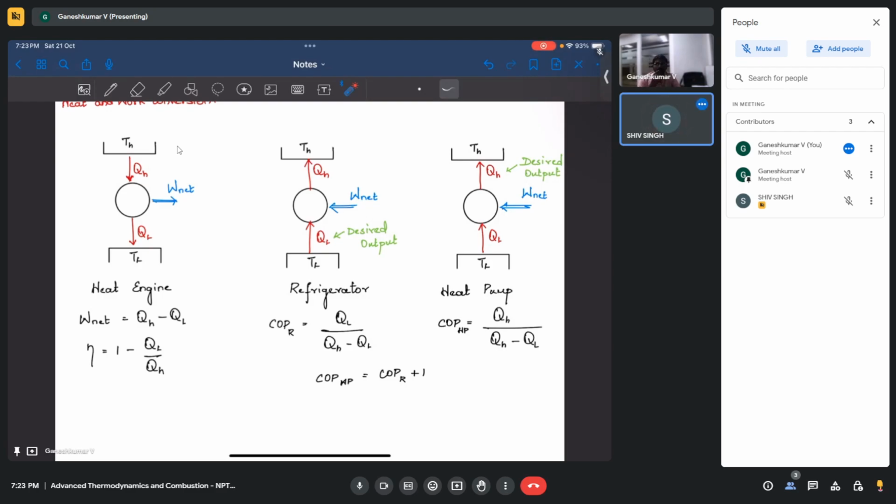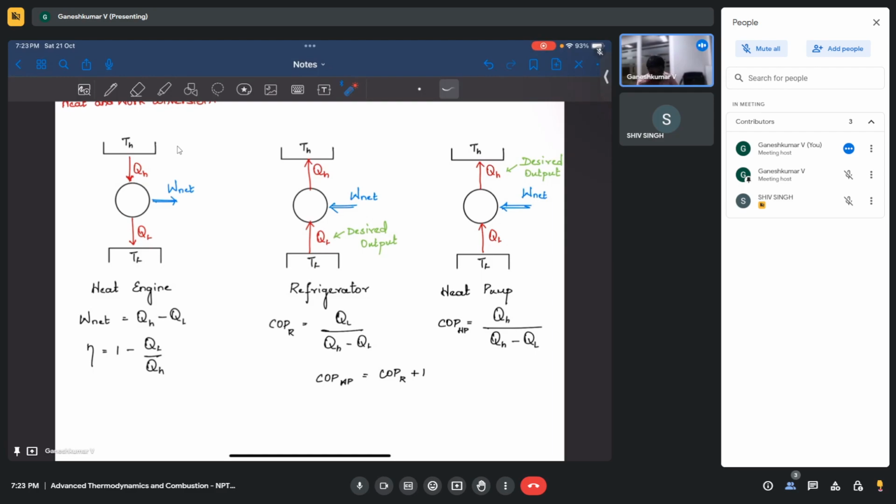Right. So basically, if it is a reversible engine, then you can replace Q with T. That is the catch. If it's a reversible engine, that is when you will get the highest coefficient of performance.